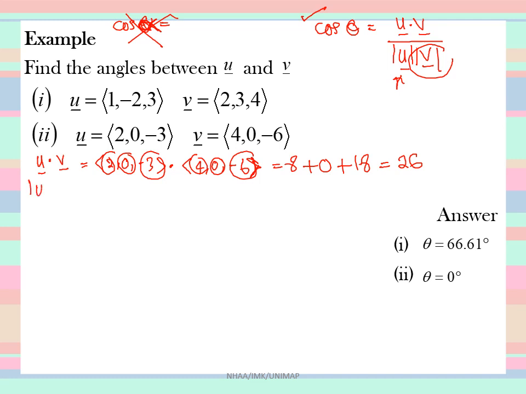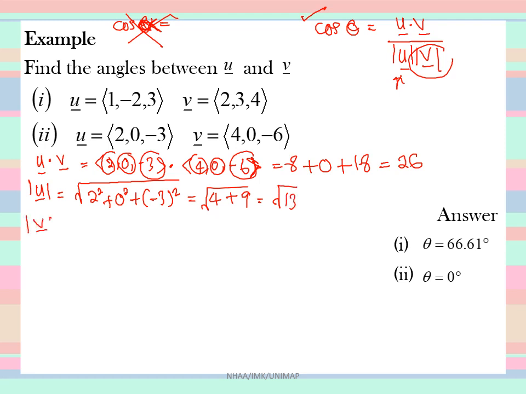Okay, so the magnitude of vector u is the square root of 2 squared plus 0 squared plus minus 3 squared, that is 4 plus 9, that is square root of 13.